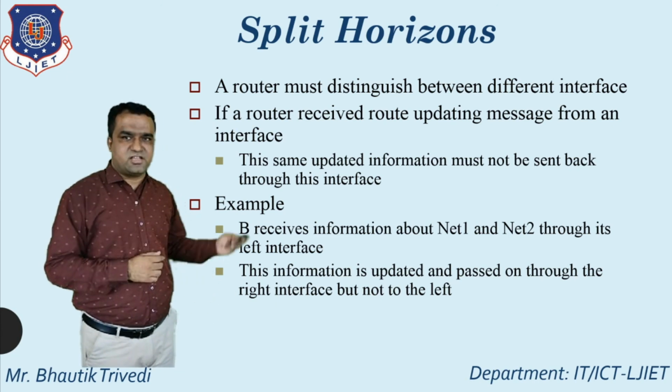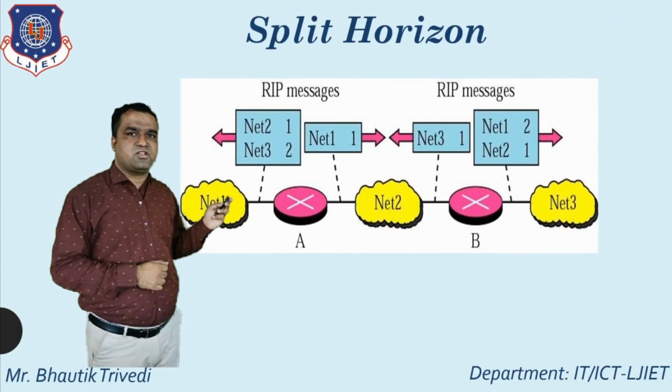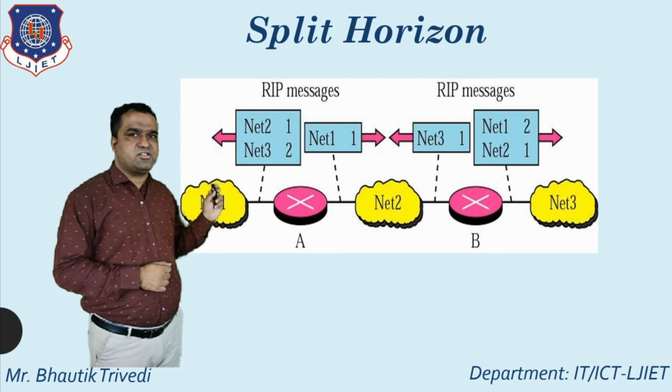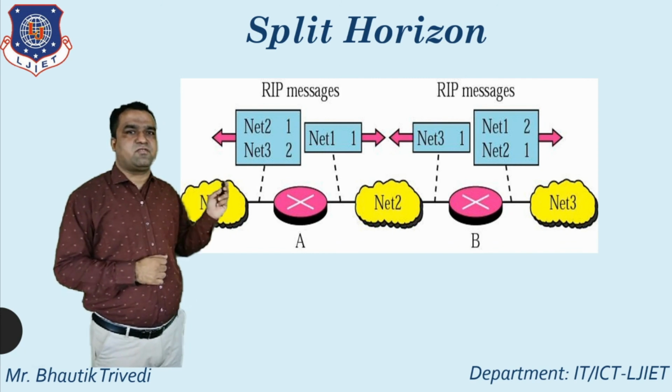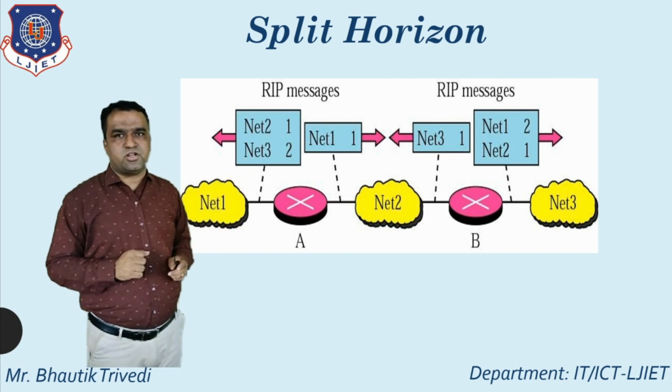Whatever I discussed here, you can see in the diagram. Router B directly received the information from net 1 and net 2, but does not return the information of net 1 and net 2 to the left interface. That is the split horizon.